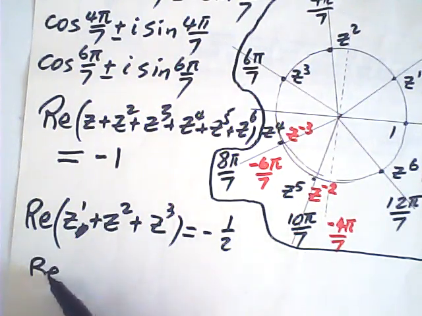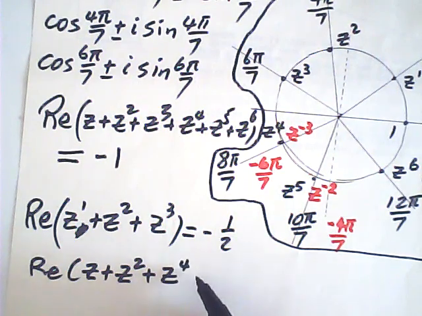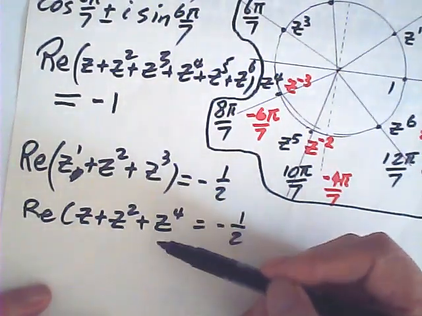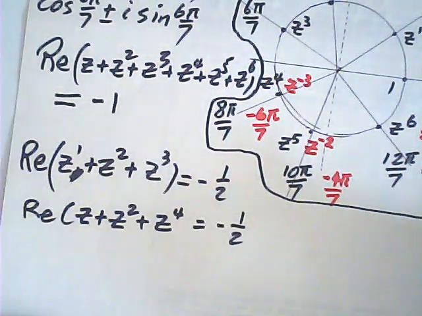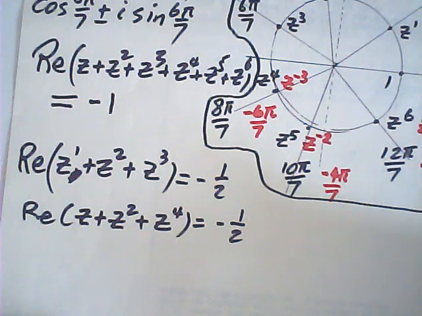Therefore, the real part of z plus z^2 plus z^4 is equal to -1/2, because they are equal, the real parts.